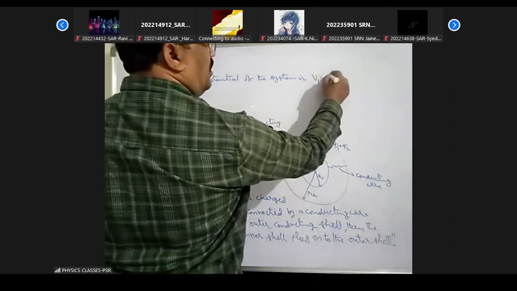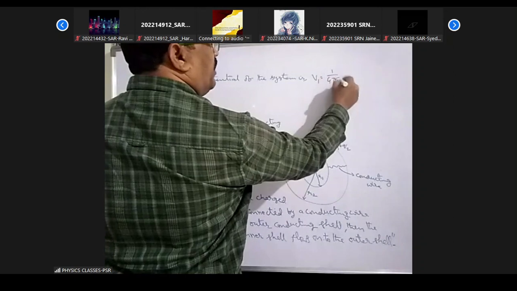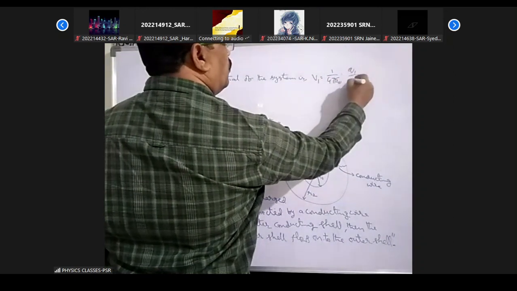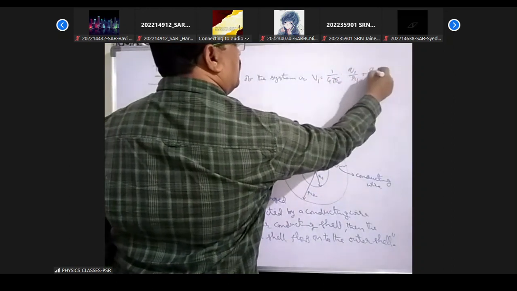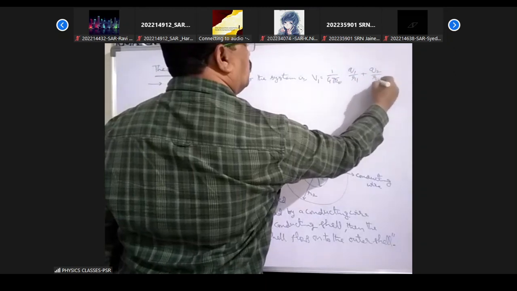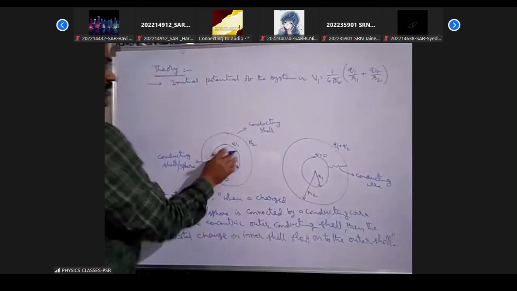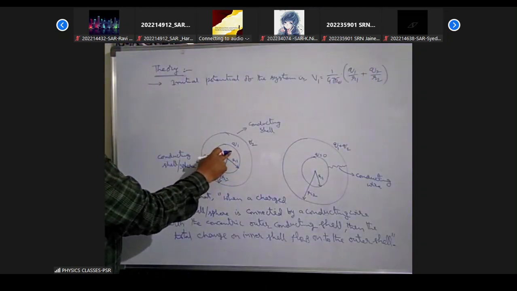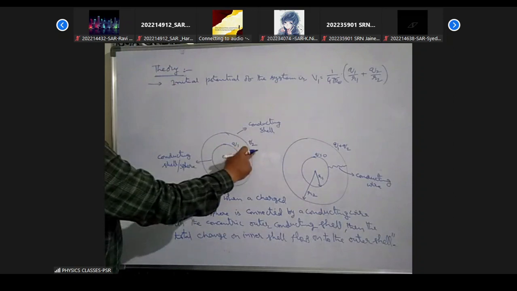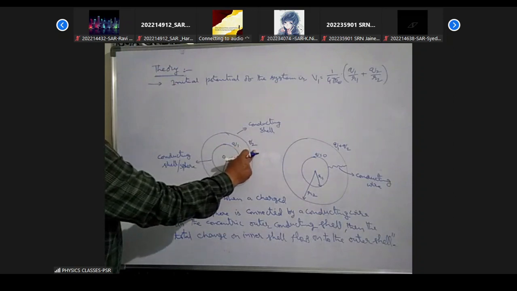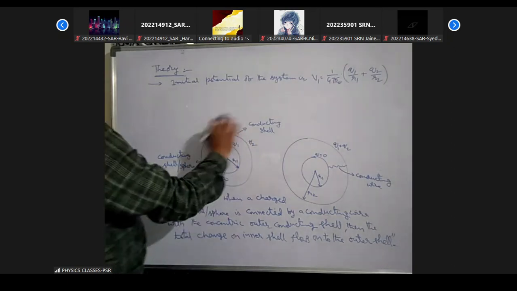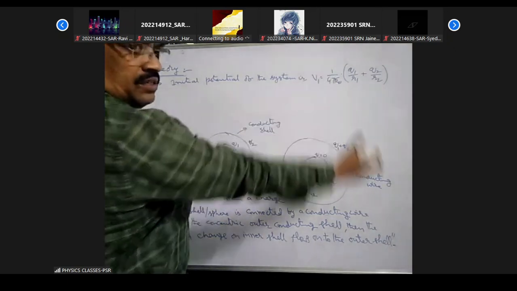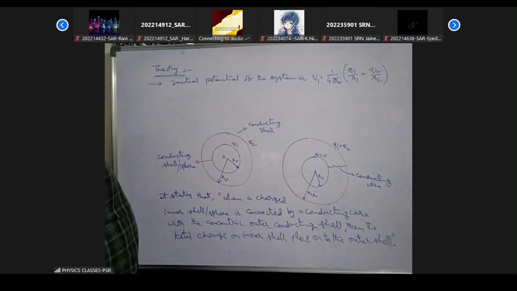V1 is 1 by 4 pi epsilon naught into Q1 by R1 plus 1 by 4 pi epsilon naught into Q2 by R2. The inner shell contributes 1 by 4 pi epsilon naught into Q1 by R1, and the outer shell contributes 1 by 4 pi epsilon naught into Q2 by R2. Potential is a scalar quantity, that's why we should add both.